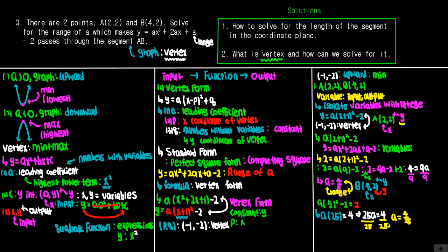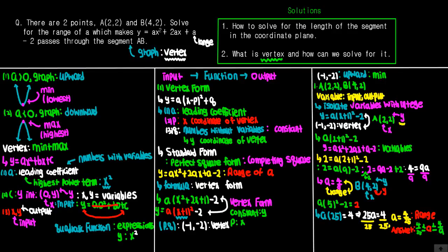And if you think about the range of our function, the answer will be a in the middle, and a can be either greater than or equal to the last one, which is 4/25, but then it can be either less than or equal to our second term, which is 4/9.